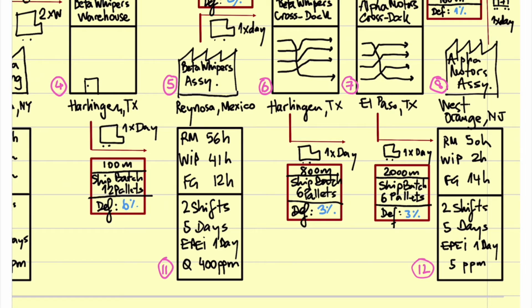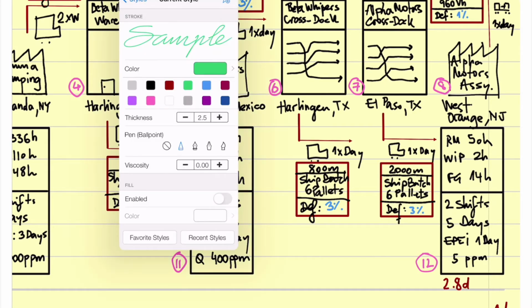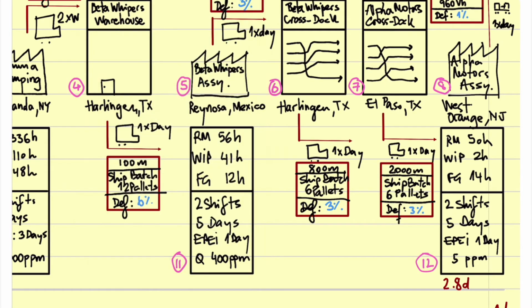Then we go to the Alpha Motors assembly, and we have in planned time 2.8 days, of which 120 seconds are value adding.